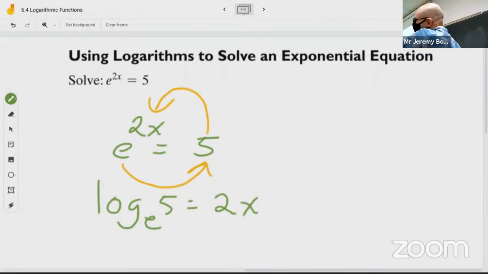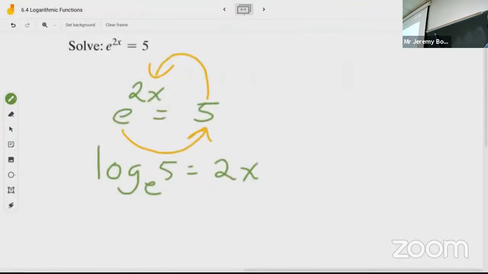And how can I write log base e of 5? That's another way for me to write that. Anybody remember? The natural log? We use the natural log. So we can write that as the natural log. The natural log of 5 is equal to 2x.